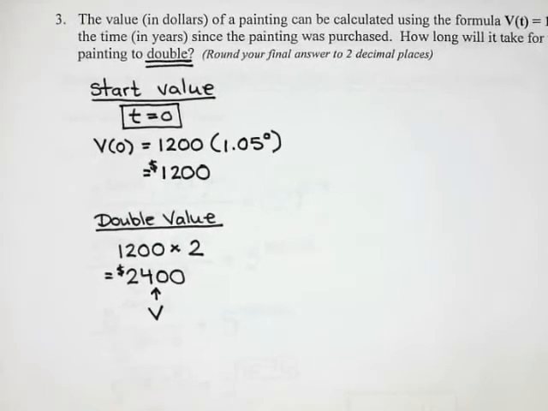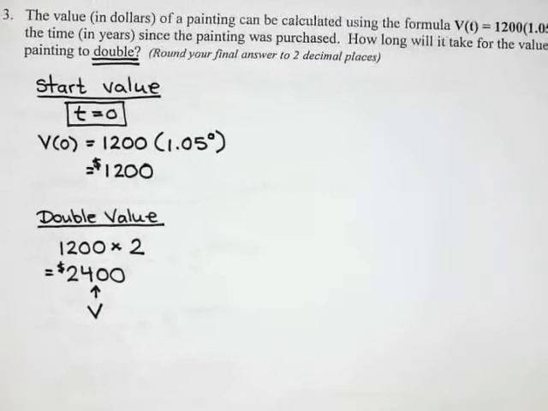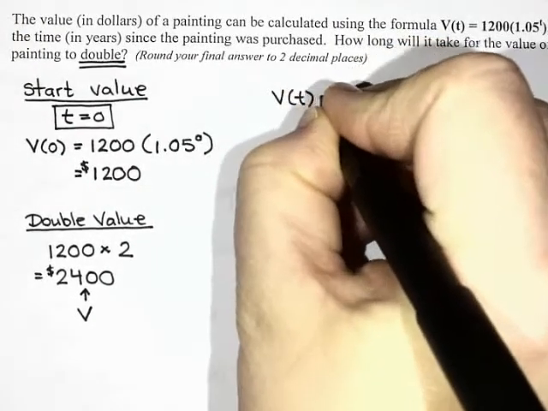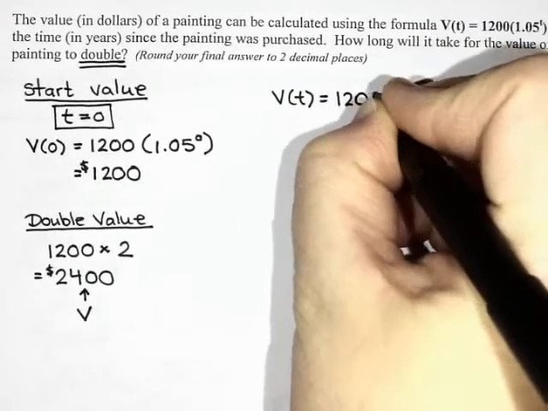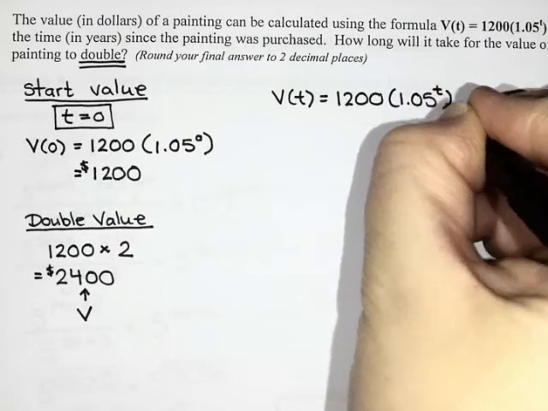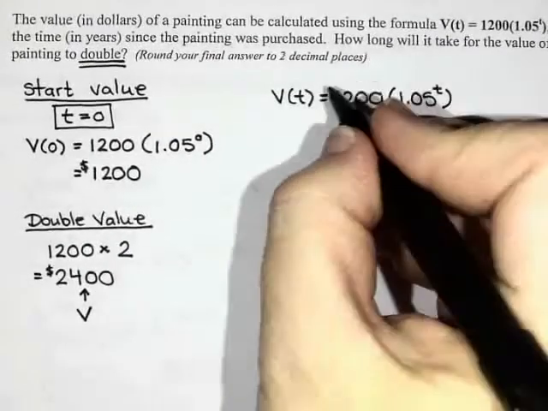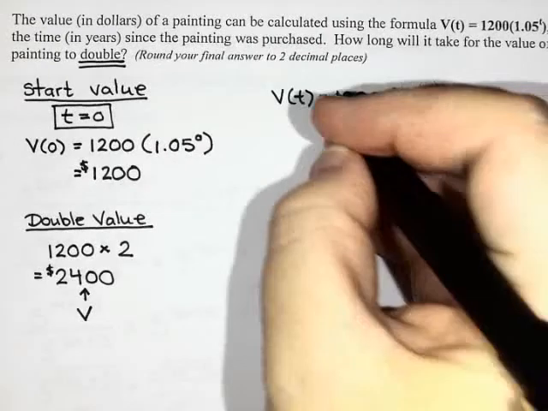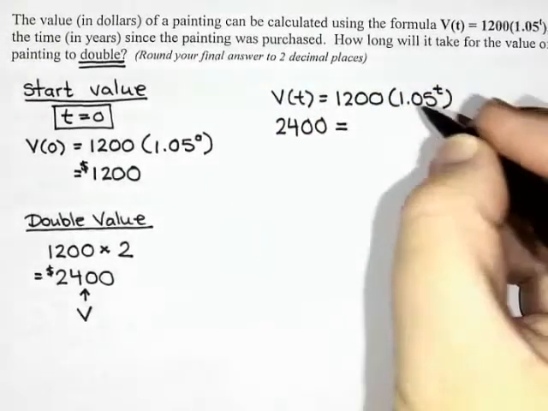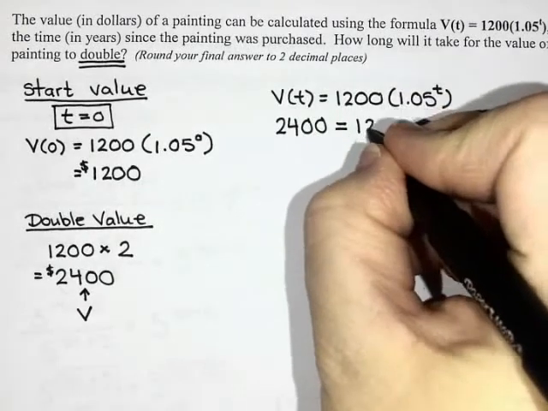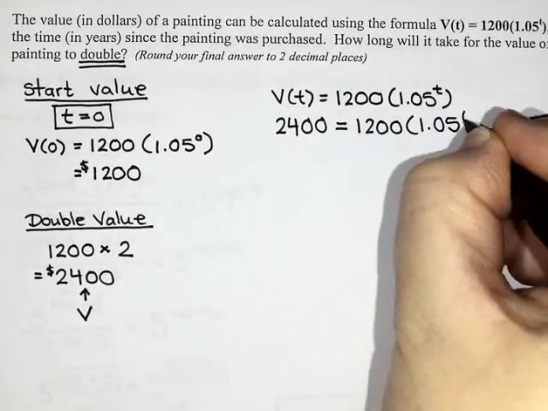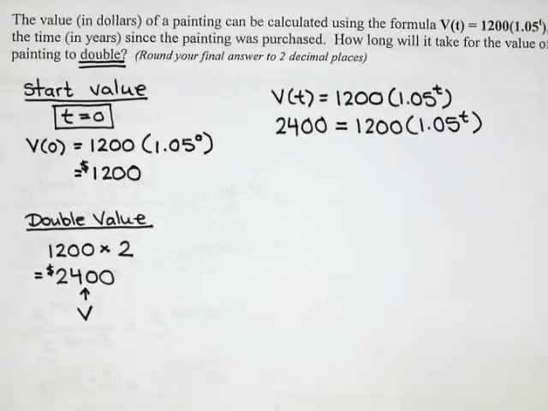So I'm going to take my equation, which is V at T equals 1,200 times 1.05 to the power of T. And everywhere I see V, I'm going to put in $2,400, right? That is double its original value. So that equals 1,200 times 1.05 to the power of T.